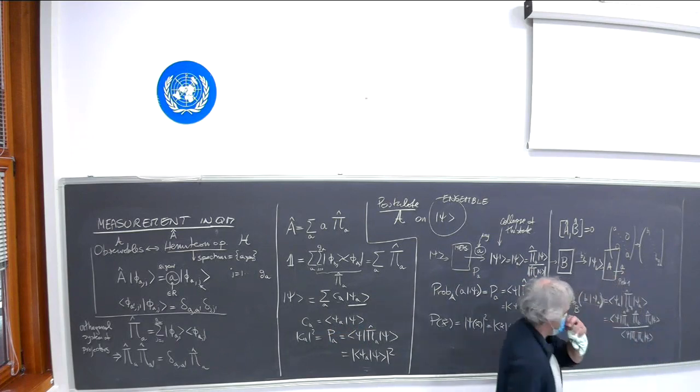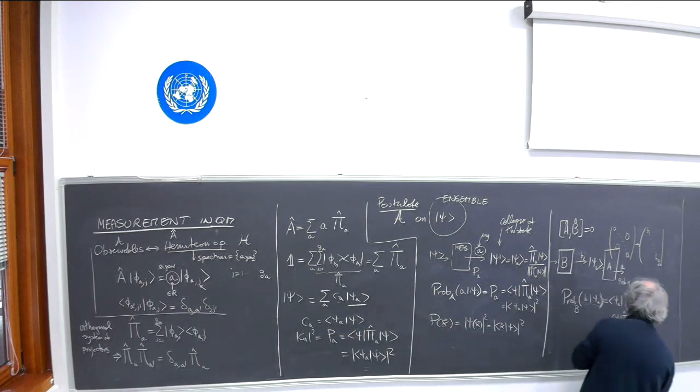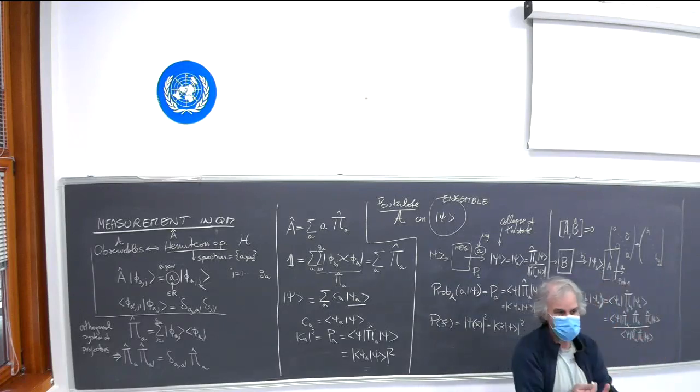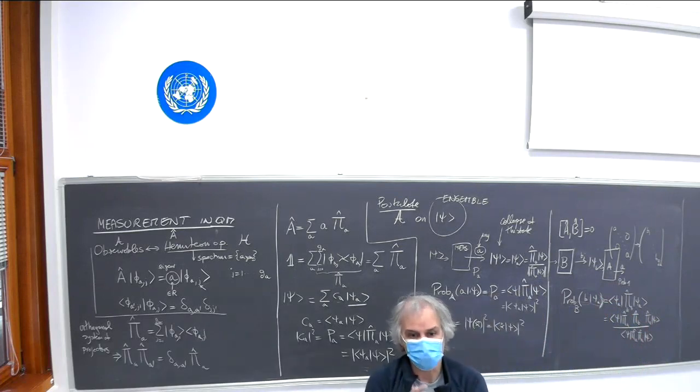So this is the probability that I'm looking for. But now remember that this is equal to the square of projector A. And these two things commute. The projectors on eigenvalues of two commuting operators are commuting objects.